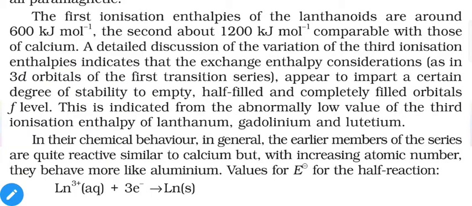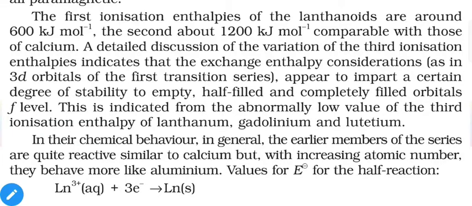The first ionization enthalpies of the lanthanoids are around 600 kilojoules per mole, the second around 1200 kilojoules, comparable with those of calcium. A detailed discussion of the variation of the third ionization enthalpy indicates that exchange enthalpy considerations, as in 3d orbitals of the first transition series, appear to be important in imparting a certain degree of stability to empty, half-filled and completely filled orbitals of the f level.